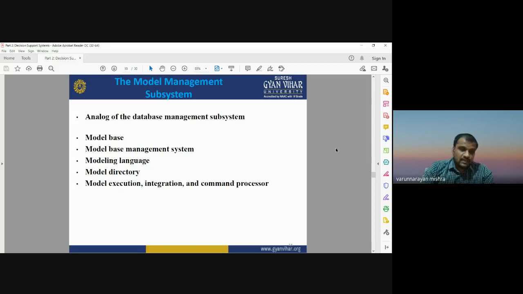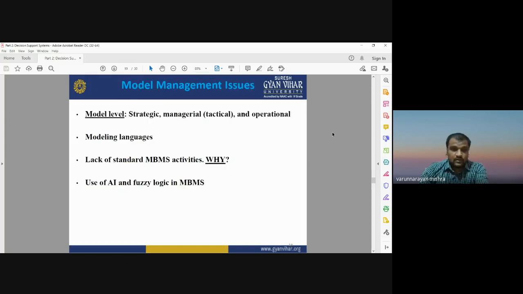Now the second part of the DSS is model management system. Under this, the analog of the database management system includes the model base, the model based management system, the modeling language, modeling directory, the model execution, integration, and the command processor. These are the components of the model management subsystem of the decision support system. Here, under model management system, first one is the model level.